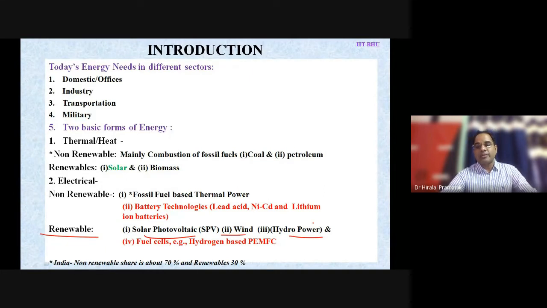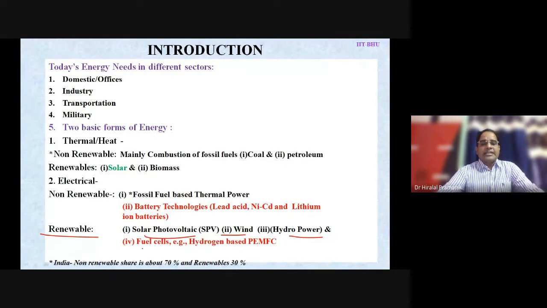Like Tehri Dam, when it was created, a lot of natural habitat was lost. We do not consider all those factors, but if you go into depth, you can see there is a lot of damage to our environment. So that is another concern. But otherwise, you can say there is no pollution or less pollution.